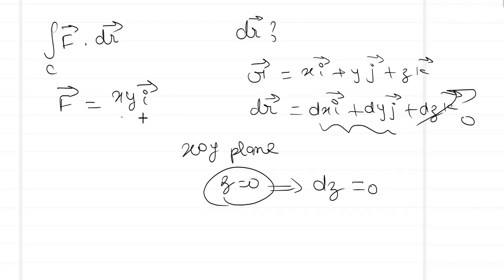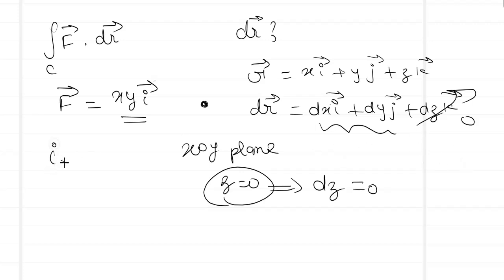But now get back to your F vector. This F vector has to be taken the dot product with this dr vector. So how to compute the dot product? i dot i, j dot j, k dot k, only these will be equal to 1. The other mismatched combinations will be 0.